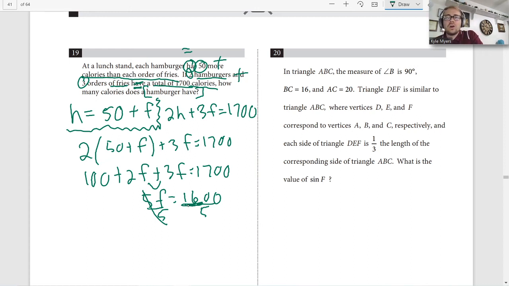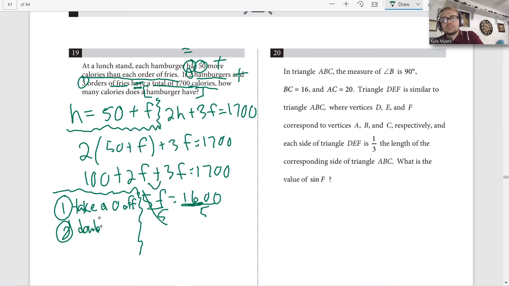You can do one of 2 steps, and you don't have to do them in order. You take a 0 off, and you double the number. And the reason why that works is because 5 is the same thing as 10 divided by 2.